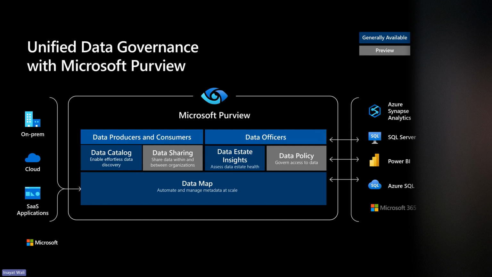Eventually this information can be used to drive certain policies, and you can share certain data and so on. So the whole idea is that on the left side you have all your sources, which could be on-prem or cloud sources. You scan your data sources, and it brings the metadata into Purview.